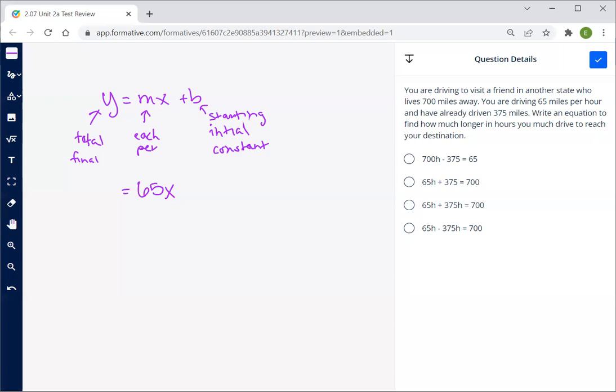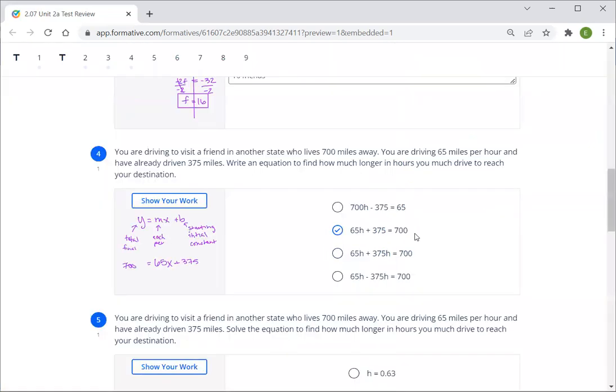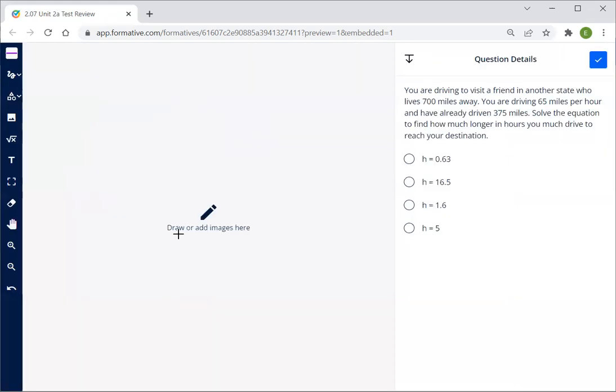Okay, so 375 would go over here, and then 700 would be your total, because that's how far away this friend is. So looking through all of the options, oh, and they use H for hours. So it looks like B is our option again. I'm going to go ahead and snag this so that I can solve it in the second one.